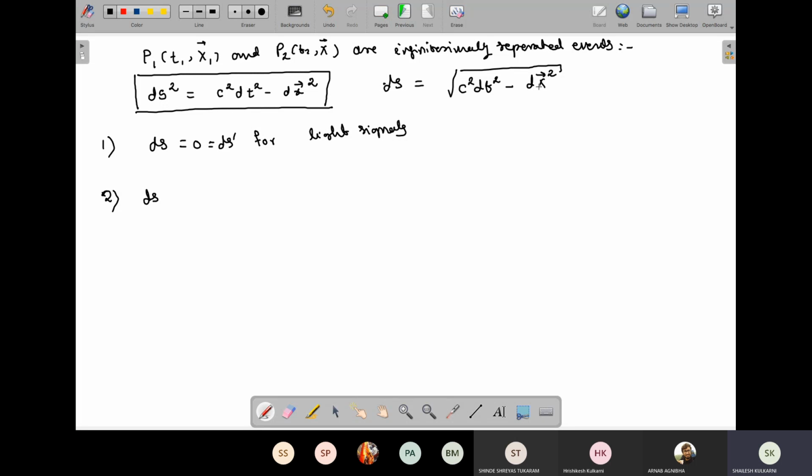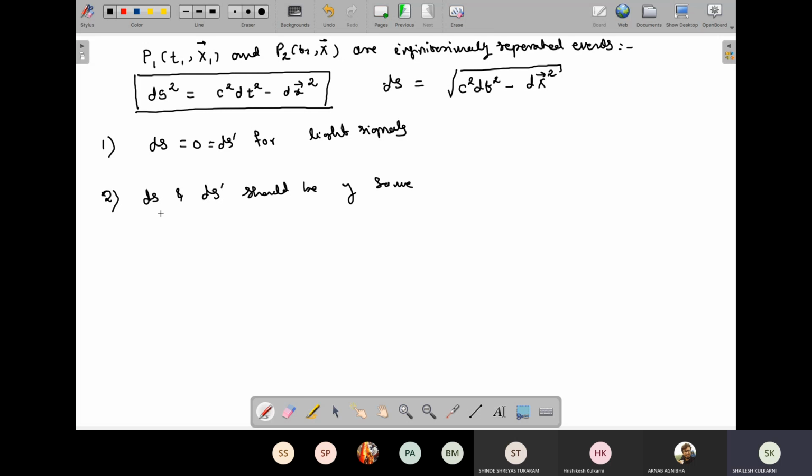When I go to another inertial frame, K prime, suppose that the K prime frame is moving with velocity v. What can we expect about the nature of the differential? We should expect that ds and ds prime should be of the same order.